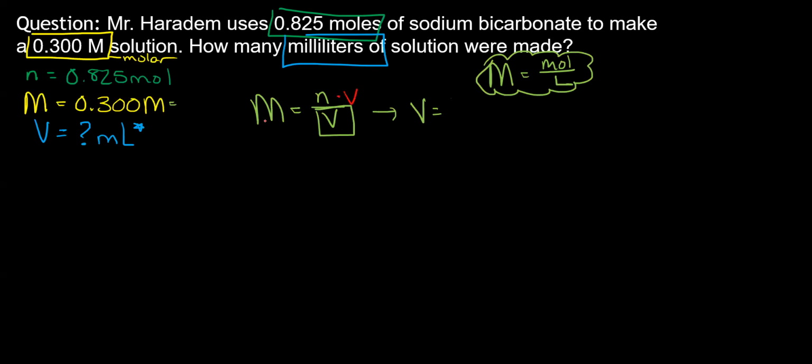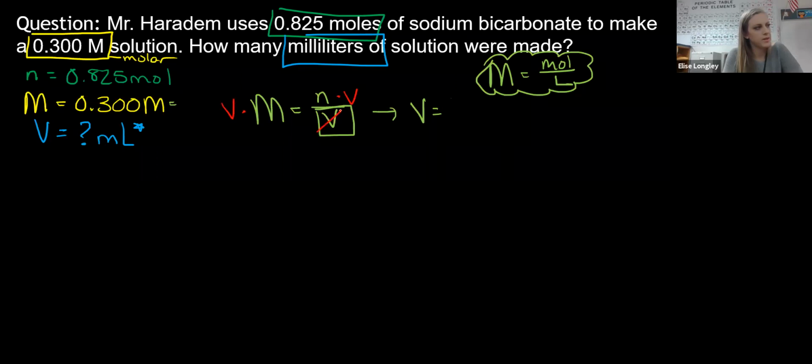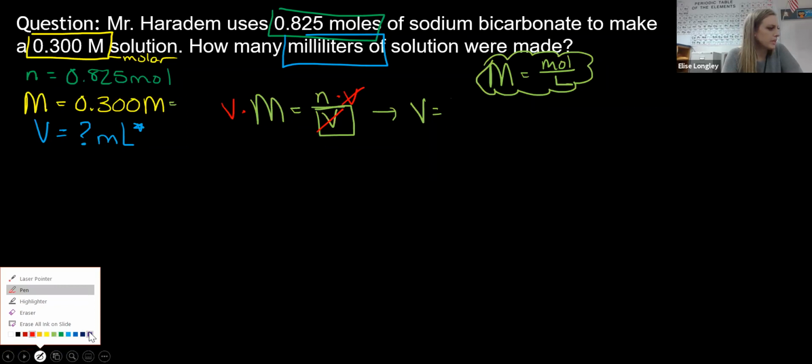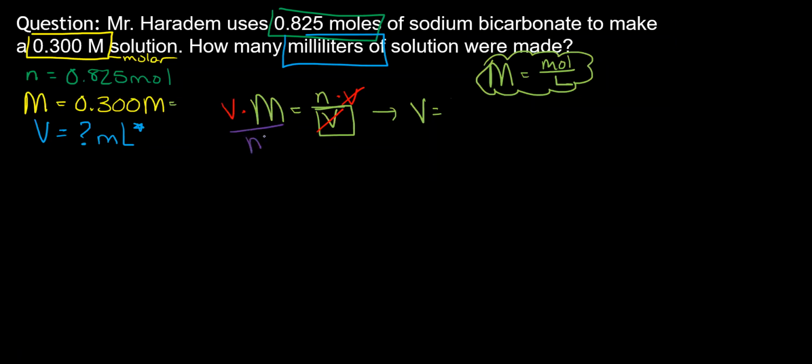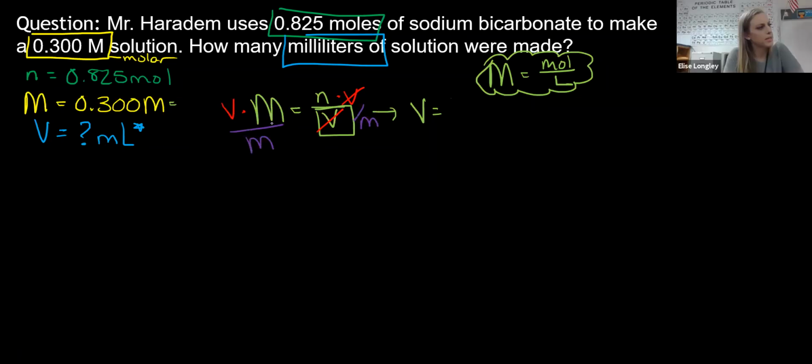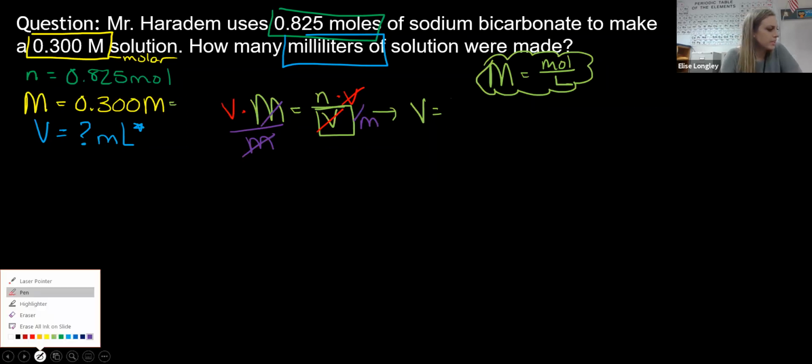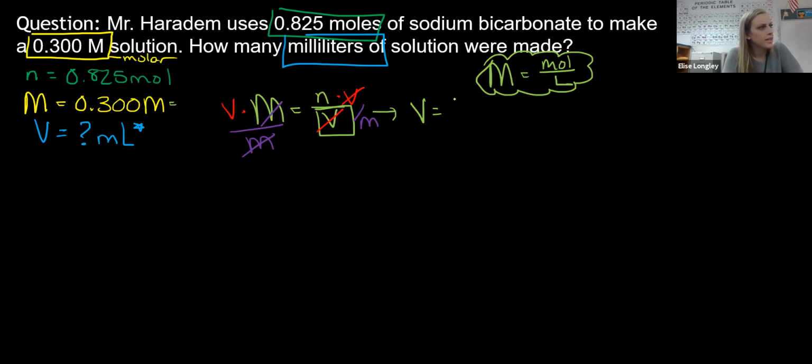Multiplication. Multiply V by both sides, and that would cancel the V. But now V isn't by itself. So what do I need to do now? These are multiplied. So what's the opposite? Divide by capital M. So I would cancel those, and I end up with V is equal to N over capital M. They switch places. So this is what I'm using when I plug in. Does that make sense, everyone?